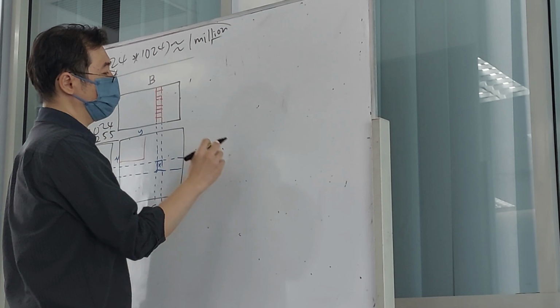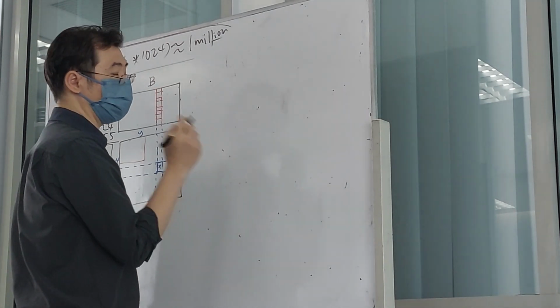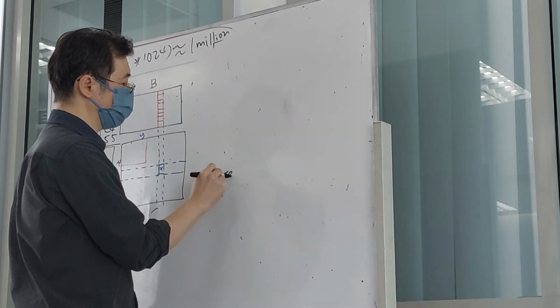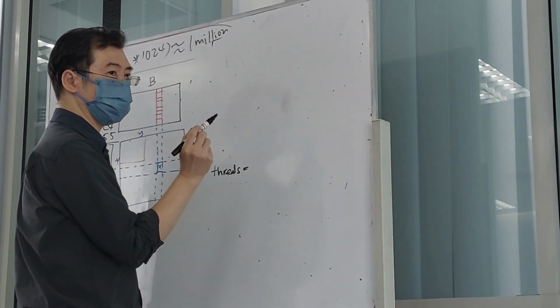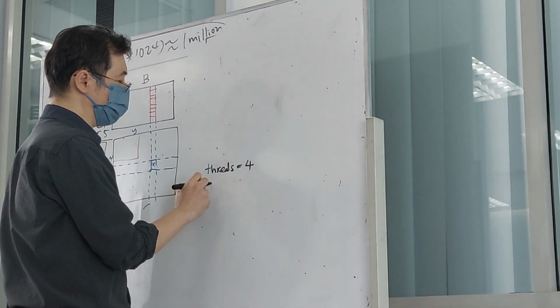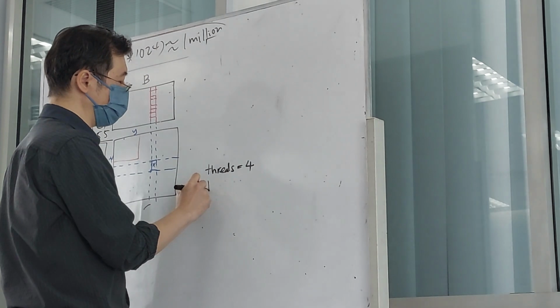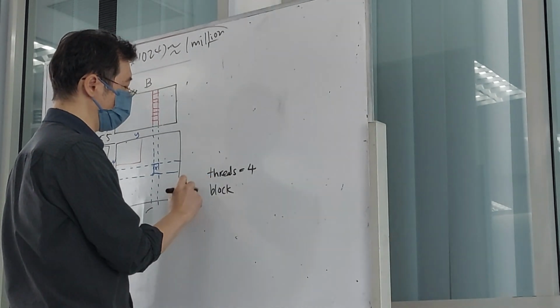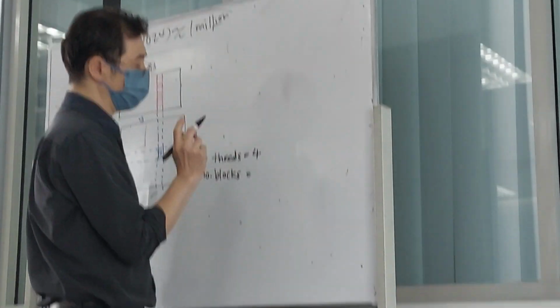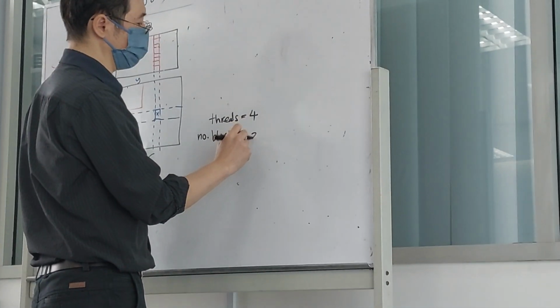Okay, let's say I make my thread number smaller. So I have threads, let's say 4, okay? And then my grid size, that means number of blocks, I should say, is let's say 2.